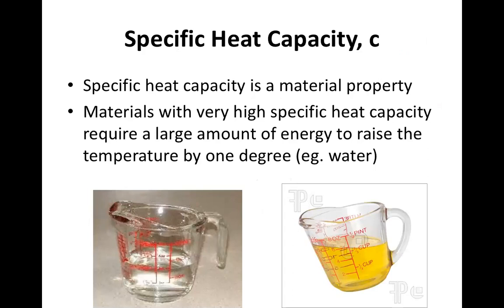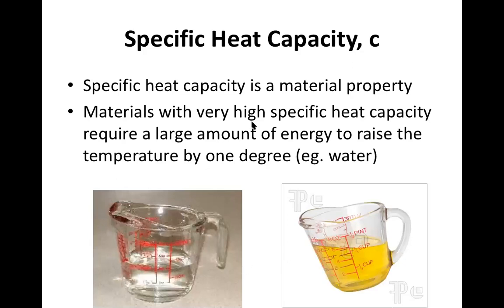I'll also note that on page 281 of your textbook, there are specific heat values. Because it's a material property, if I tell you that this is vegetable oil or olive oil or mineral oil, and I tell you it's a liquid, there is a C value that goes with that substance that tells you how easily it heats up.